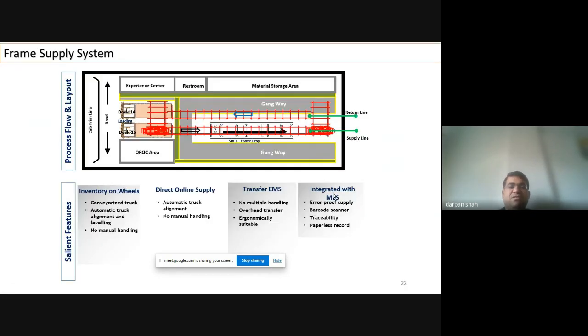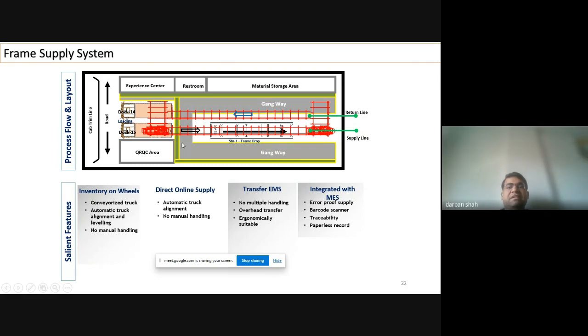Going forward, frame also being a very bulky component, we have, as briefed earlier, the inventory on wheels concept, where we have frames stored on trucks themselves. From the truck only, we directly lift and supply onto the assembly line. So there is no physical storage. Once the truck is empty, the truck leaves, goes to the supplier nearby our plant, and there it is refilled with the required frames again, and that truck comes back and stands here.